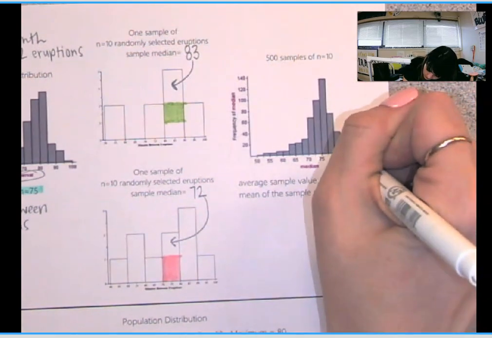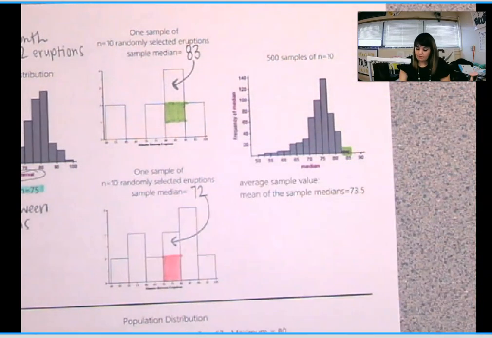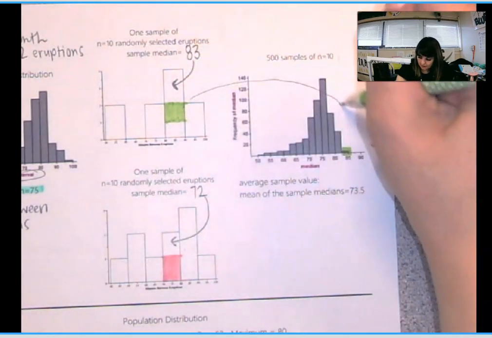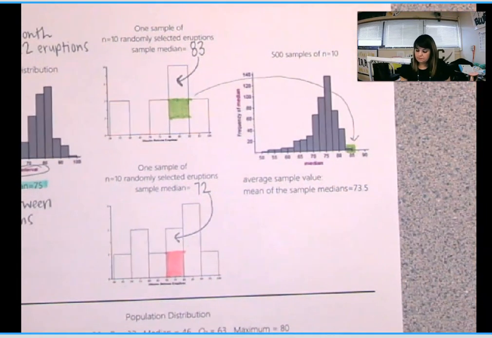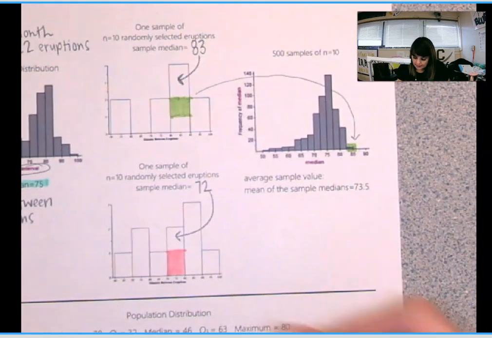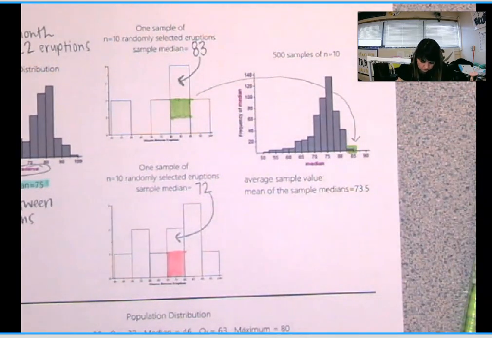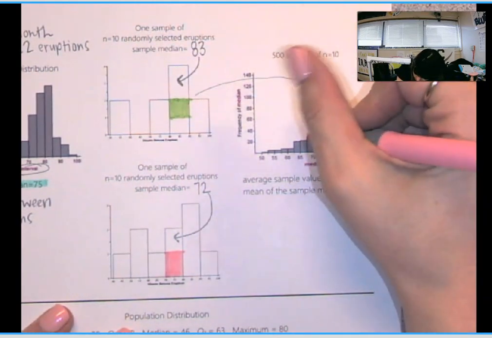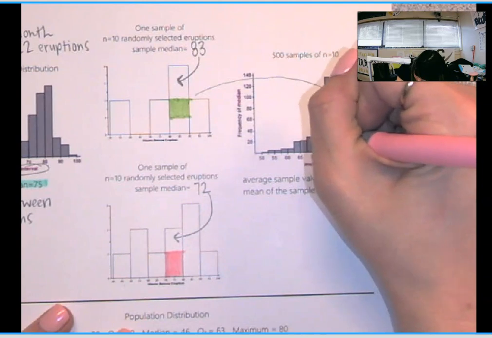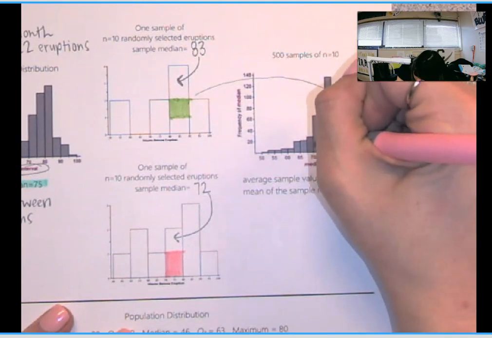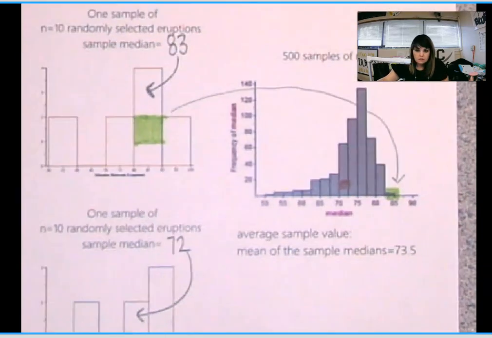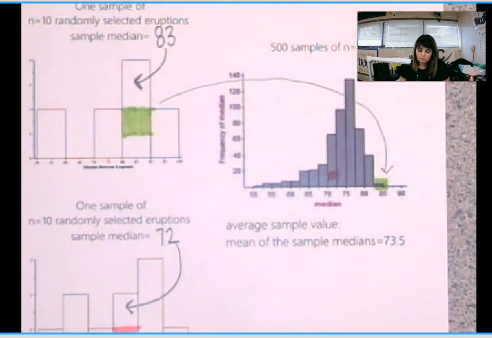So 83 is in this bin. So this one is here. And then 72 is somewhere in this bin. It doesn't matter where you put it. It's in the 70 to 72.5 bin.